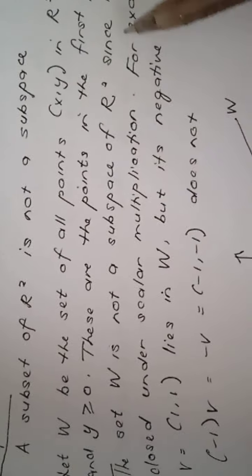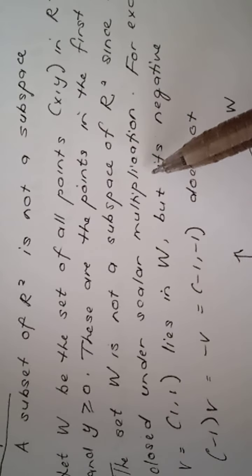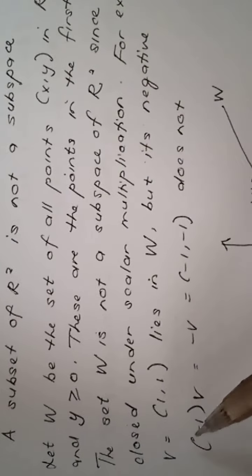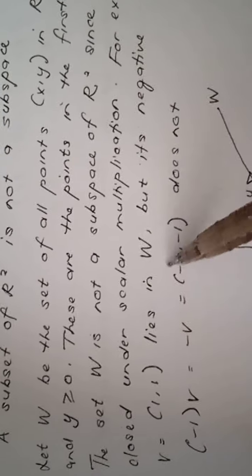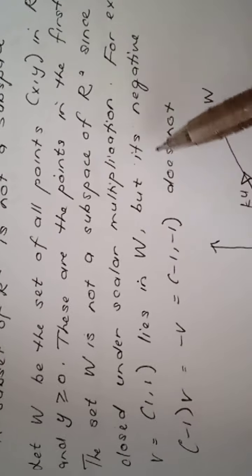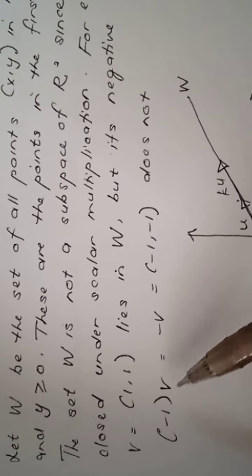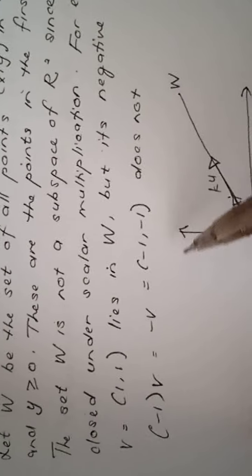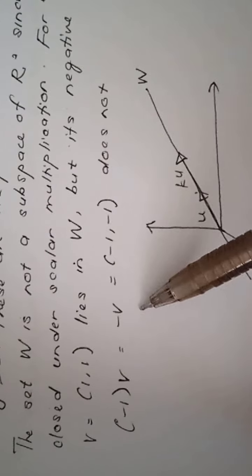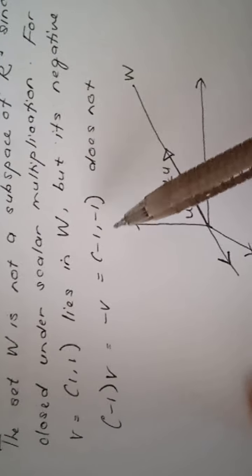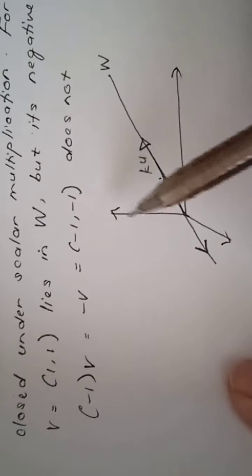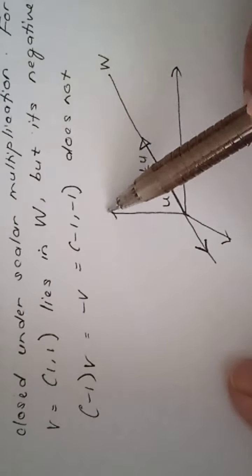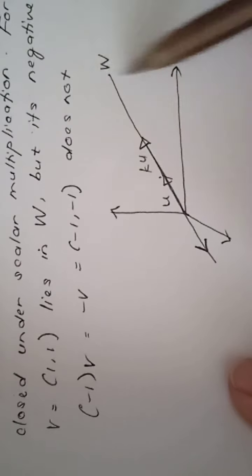The set W is not a subspace of R2 since it is not closed under scalar multiplication. For example, let v be (1, 1), which lies in R2 and is in W, but negative 1 times v, which is negative v, has negative components and is on the opposite side, not in W.